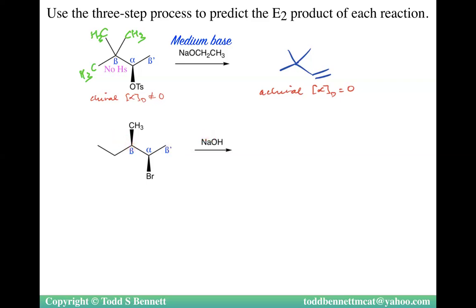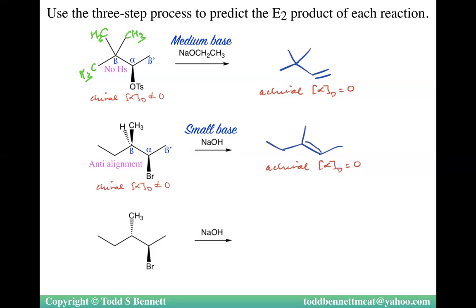There is no less hindered or more hindered for something as small as OH, so it's going to choose the more favorable. A small base has a tendency to go for the small sides, so it's going to go where a small base will fit in. It's going to go for that H. If the CH3 is in front, then the H must be in back, which means they are aligned correctly. This is down and in front, up and in back, so they are anti to one another. So you're going to get your product.